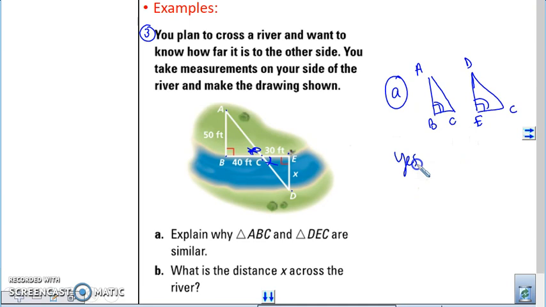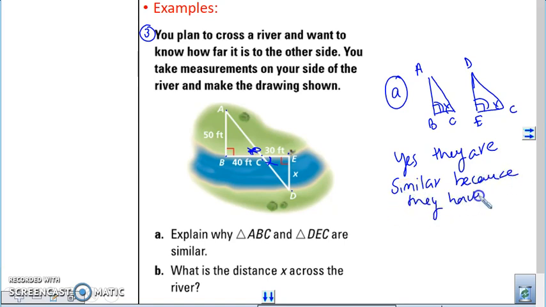So yes, they are, because angle C is equal to angle C. They're labeled the same because they're the same. They are similar because they have two angles the same or congruent.